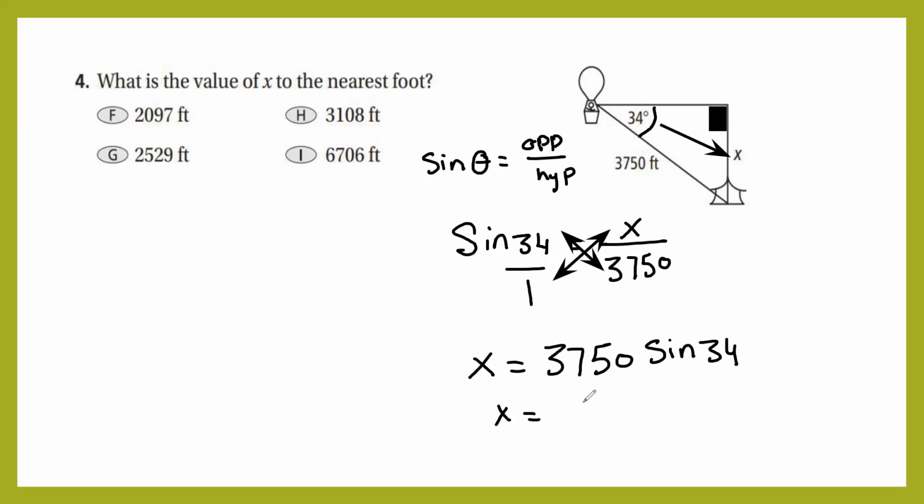So it is 3750 sine 34 equals, yes, the answer here is 2096.97, which is approximately equal to 2096.97. That's enough for me. So, feet. Yes, the answer is number F.